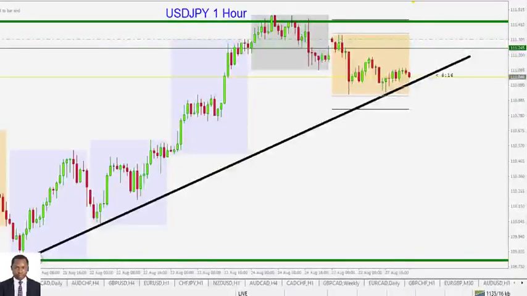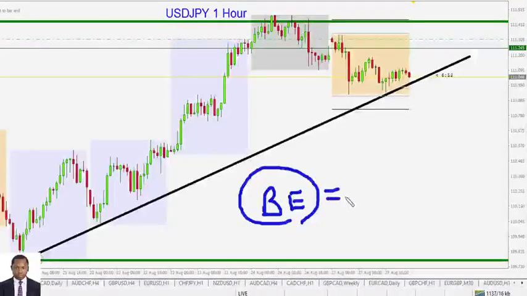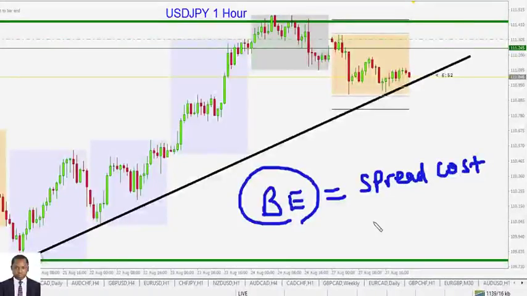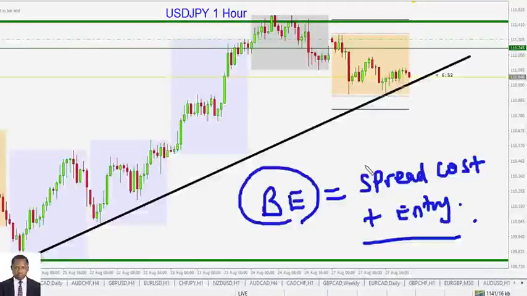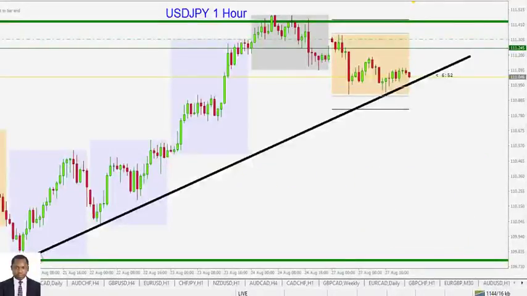Your break even position, usually referred to as BE, should be equal to your spread cost plus your entry. That is what you should calculate before dragging your stop loss to break even position.